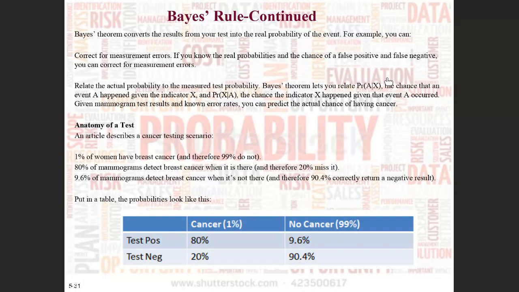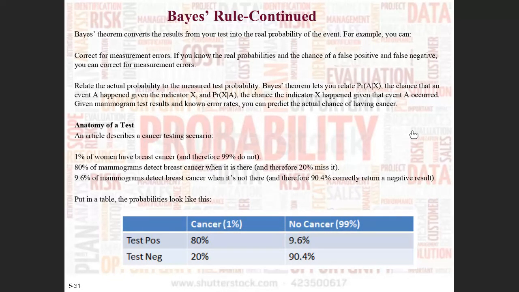Bayes' theorem lets you relate the probability of A given X, the chance that an event A happened given the indicator X, and the probability of X given A, the chance the indicator X happened given the event A occurred. So given mammogram test results and known error rates, you can predict the actual chance of having cancer.